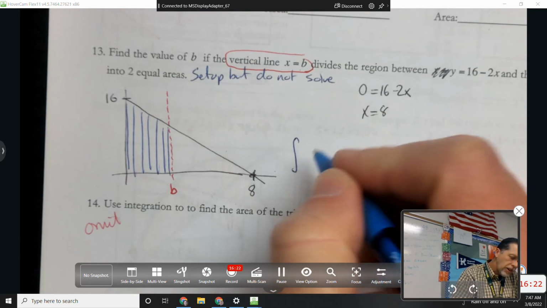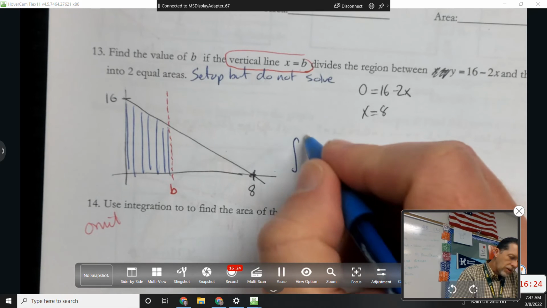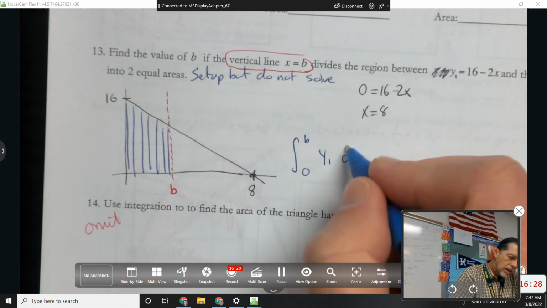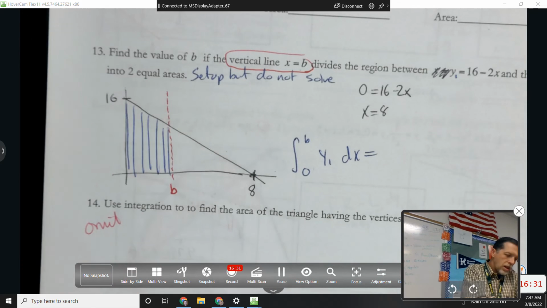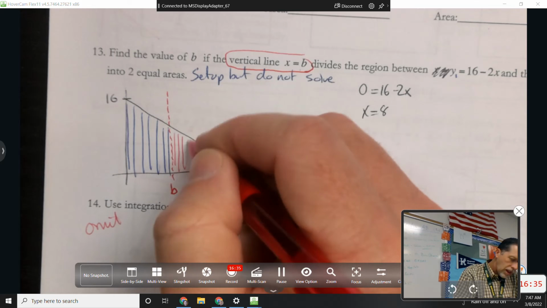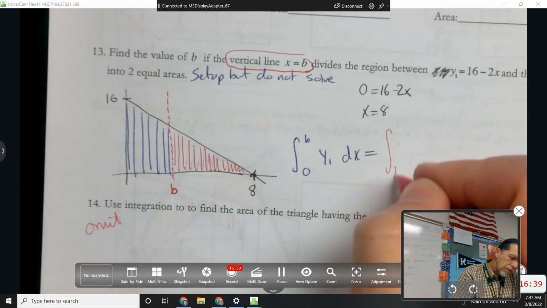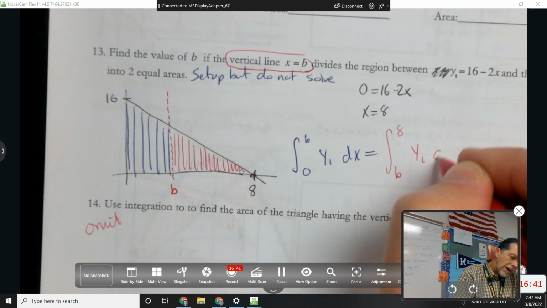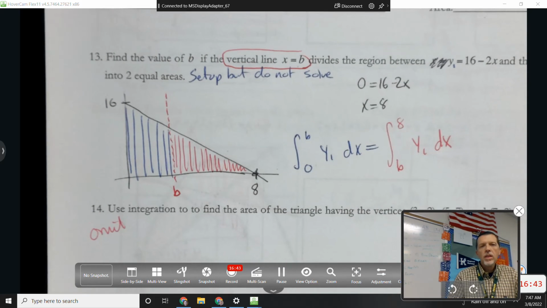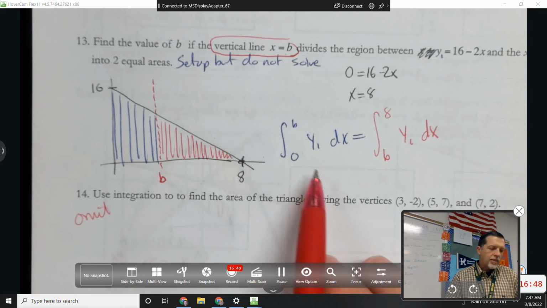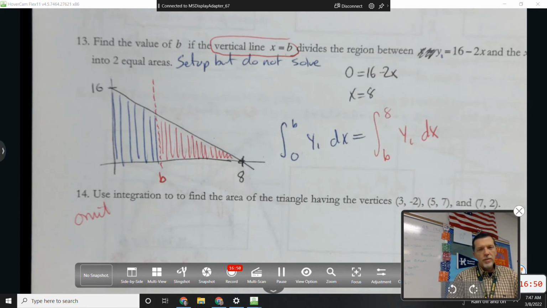So that first area would be 0 to b of y1. And the second area would be from b to 8 of y1. And that would be the setup but do not solve part of the problem.